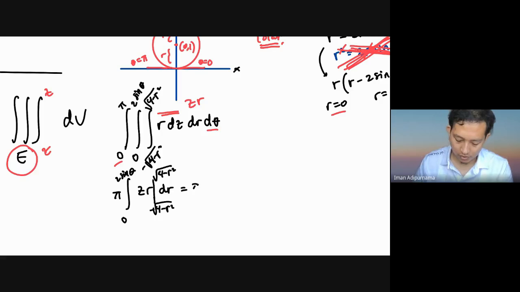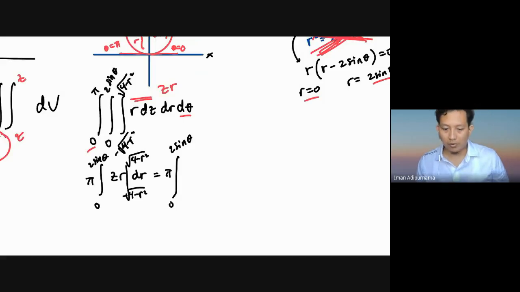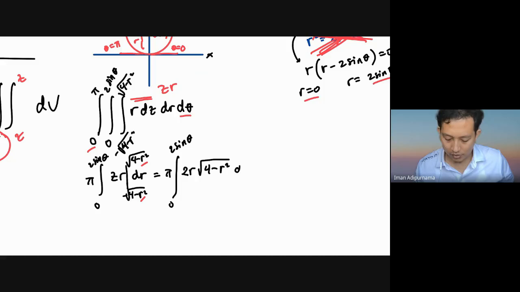And then we can plug in this value. If you plug in the square root of 4 minus r squared minus the negative one, minus minus is positive, so it will be 2, right? So I can write 2 r square root of 4 minus r squared dr d theta.